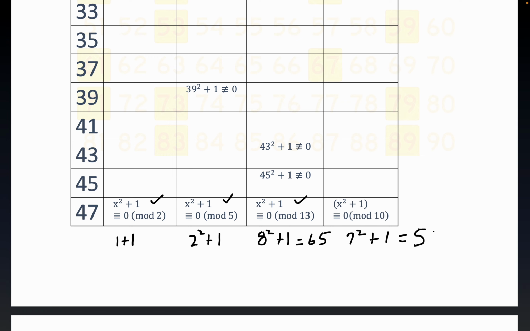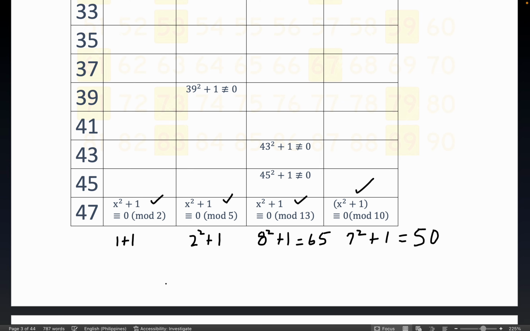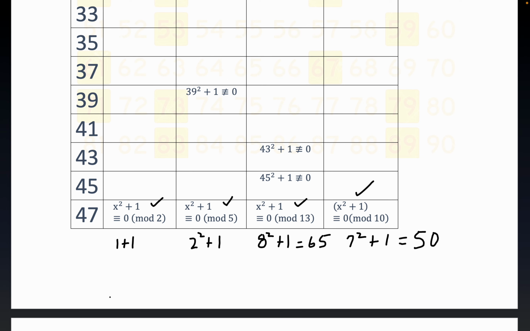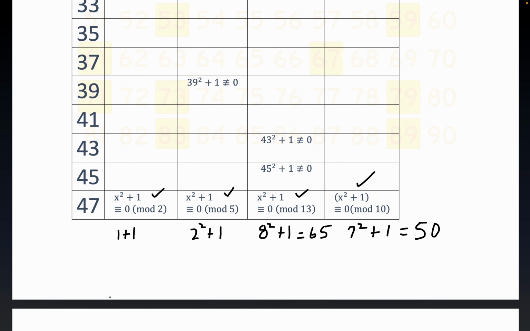That means 0 is the last digit. So you see how all of these check, folks? That's pretty cool. And if you're dying to know, if you do the arithmetic on this, what this means is that 47 squared plus 1 has to be a multiple of 130.